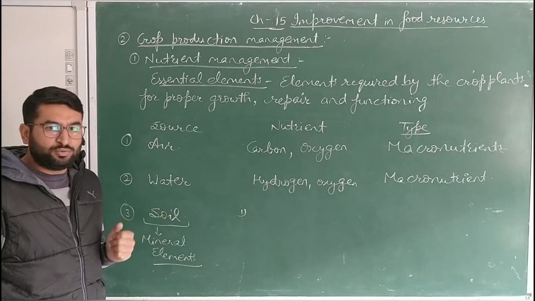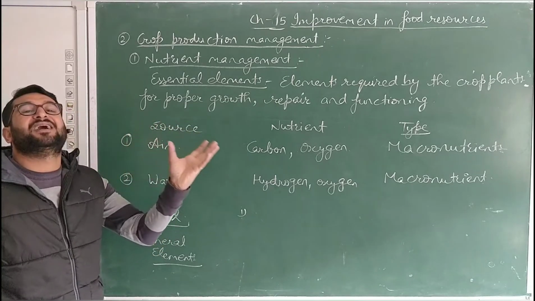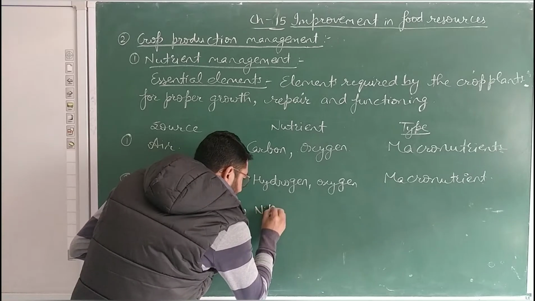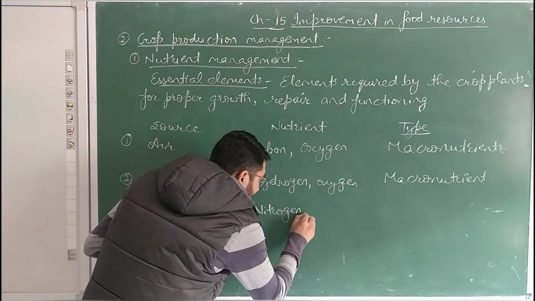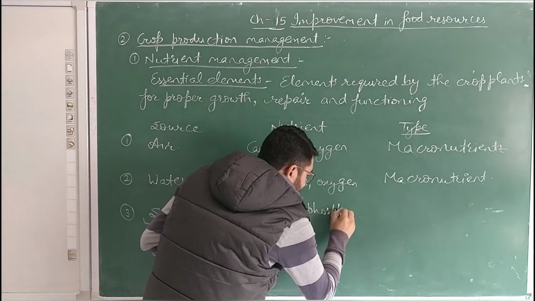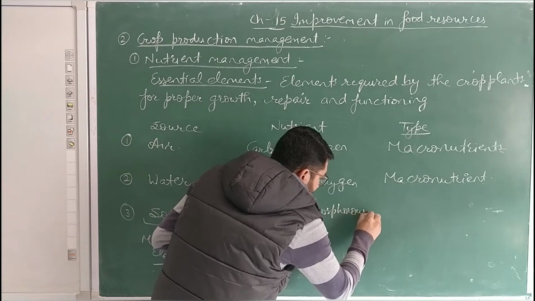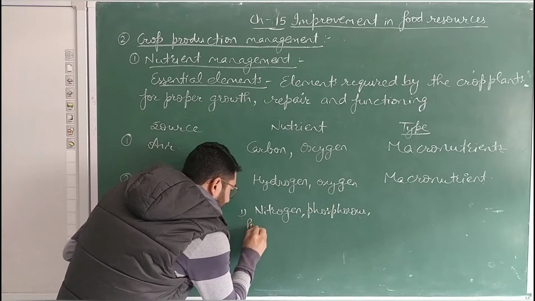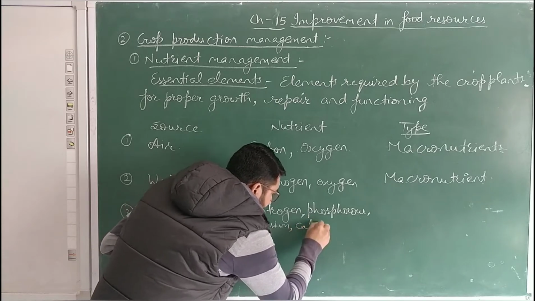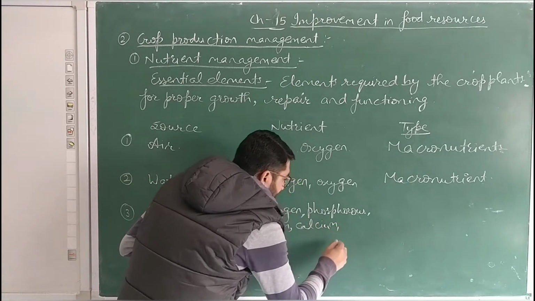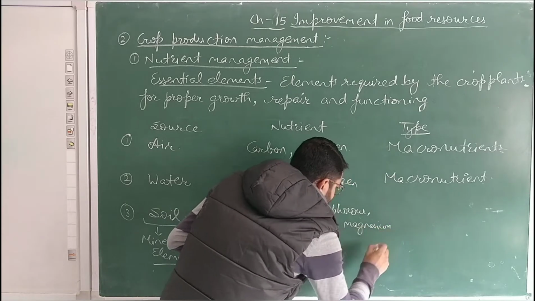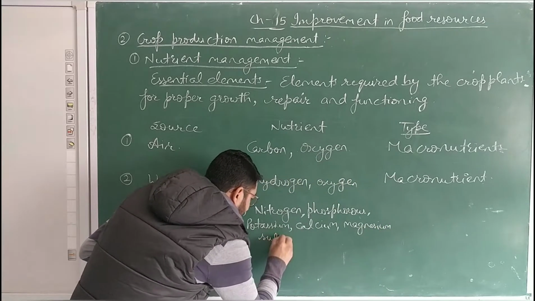One is macro, which are required in large quantities by the plants. It has nitrogen in the form of nitrates, phosphorus, potassium, calcium, magnesium, and sulfur.